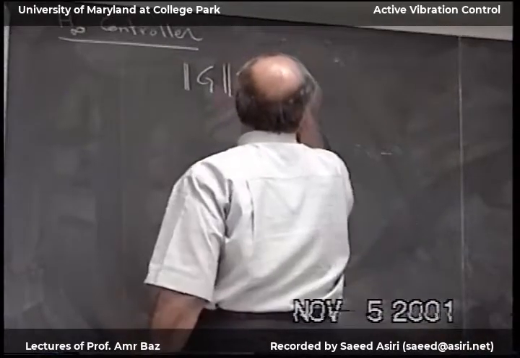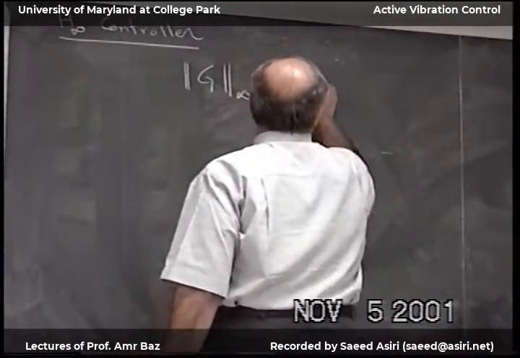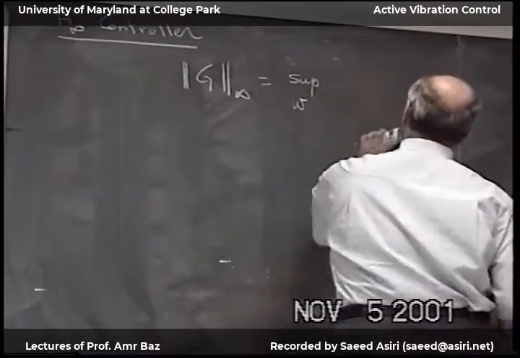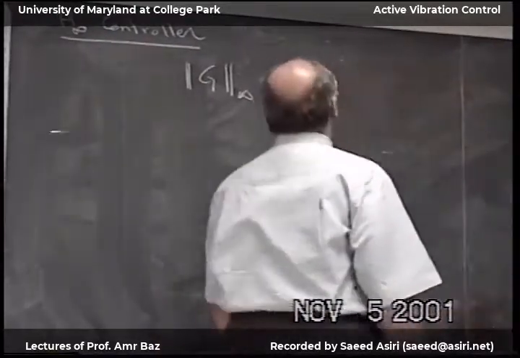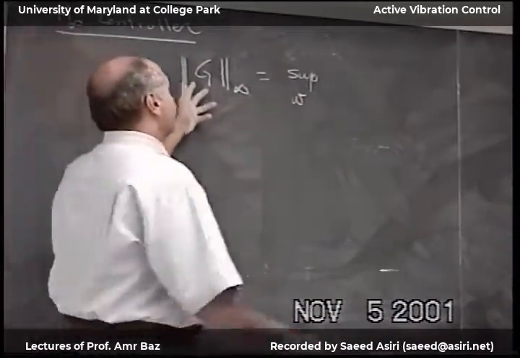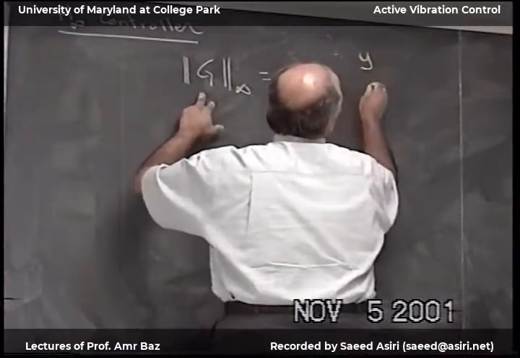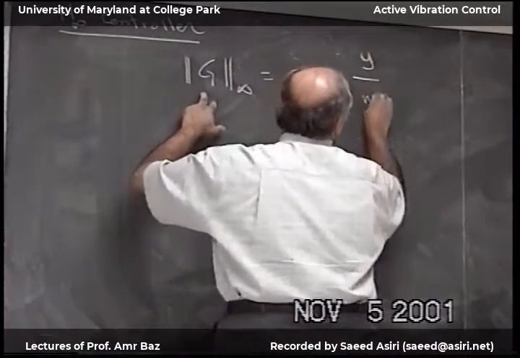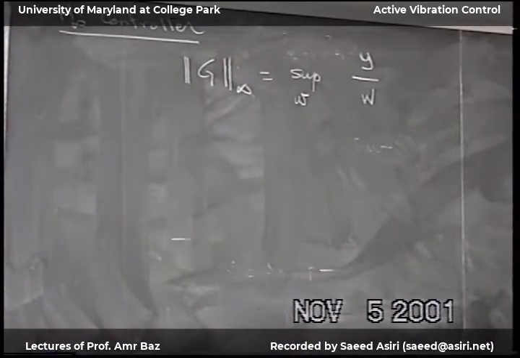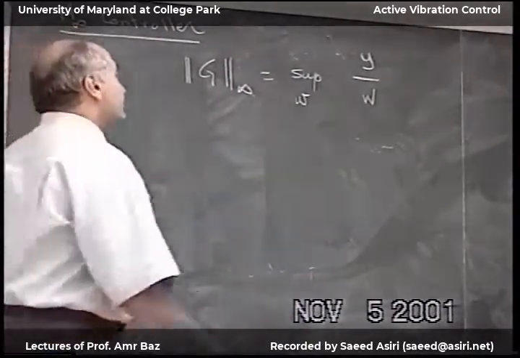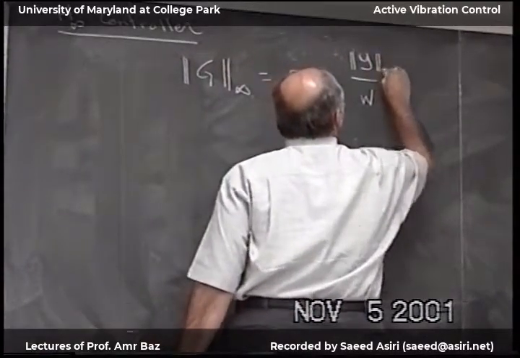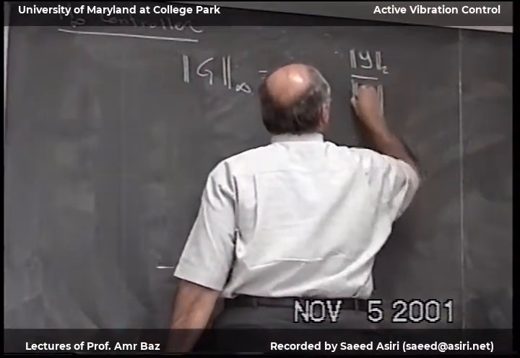This is equal to the maximum, or the supremum, over any frequency range, of the transfer function, which is the output over a given input. Now, for this output, I have to look at the second norm.